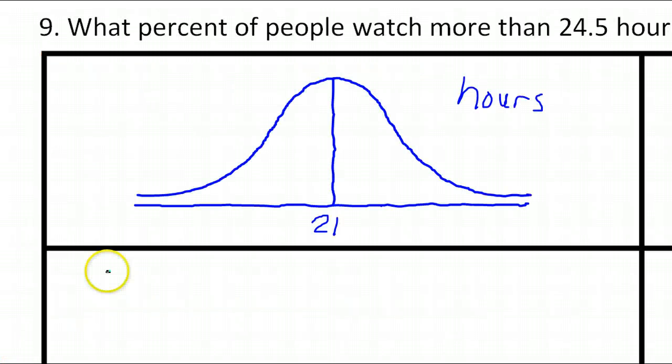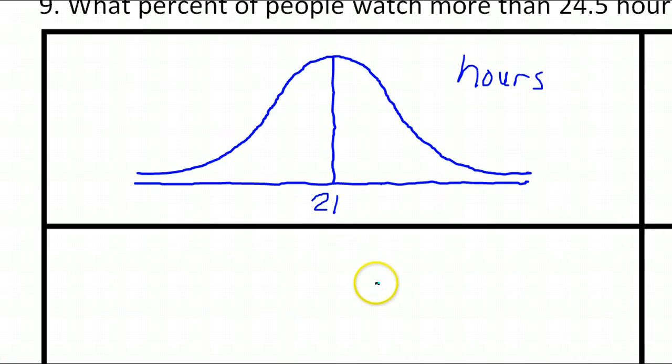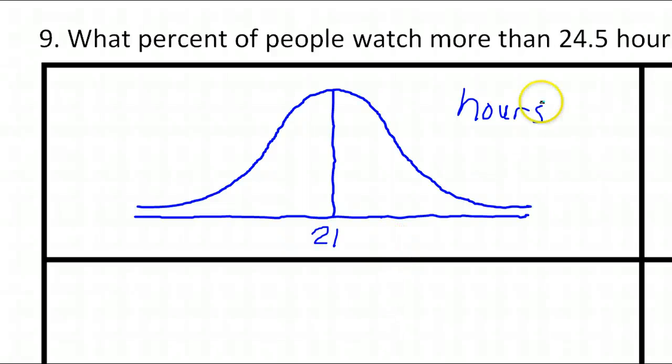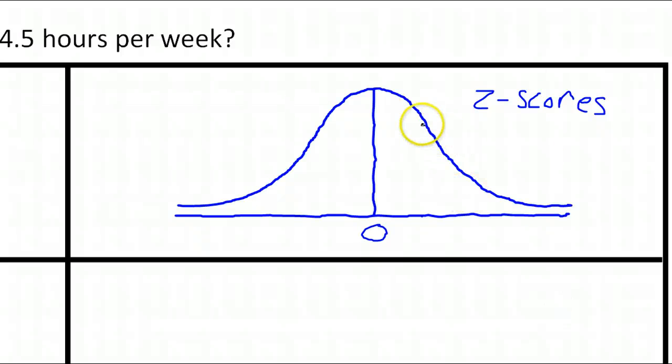Since number 9 is just like number 8, I'm going to go through this as fast as I can. So 24.5 hours, 24.5 hours. What percent watch more than this? That's going to be this area over here. Z-score, same deal. Some kind of z-score over here, area to the right still.